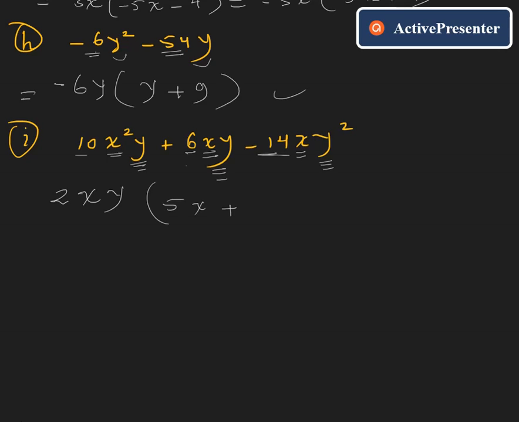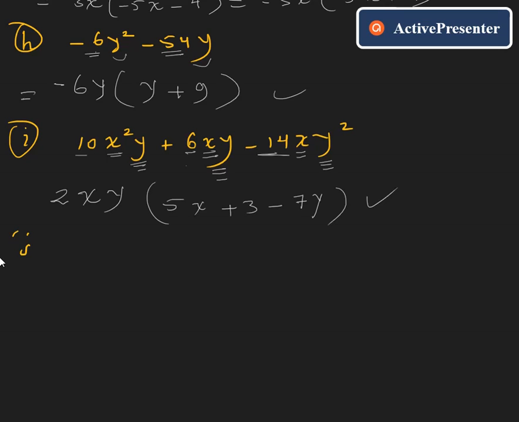Divide now 6xy by the greatest common factor, it should be 3. Divide now the minus 14x y squared by the greatest common factor, it should be negative 7y. And you are done for this question.